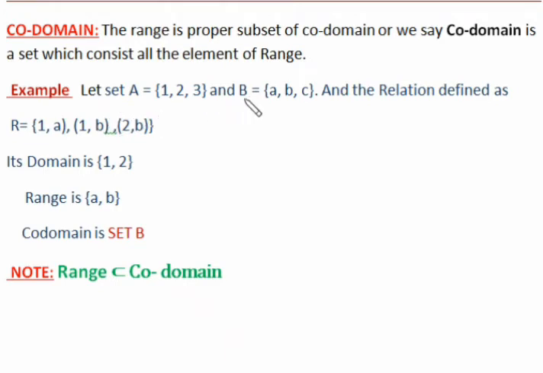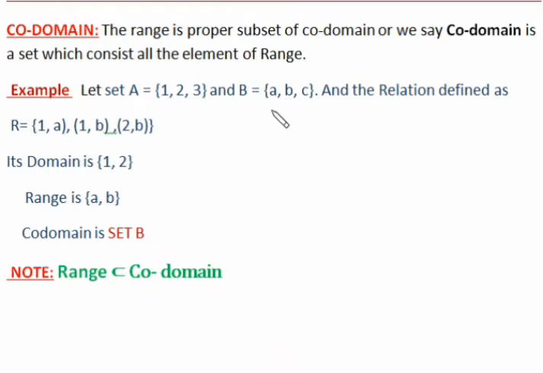Let set A equal {1, 2, 3}, B equal {a, b, c}, and the defined relation is (1,a), (1,b), (2,b). What is its domain? We take the first elements, 1 and 2, as its domain. What is its range? a and b is the range, but where does the range belong? That is the set B. Set B contains all the elements of the range.